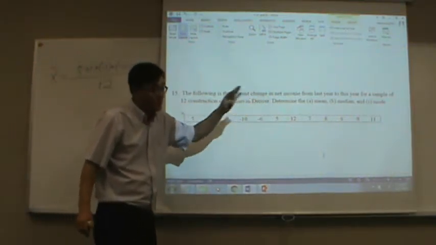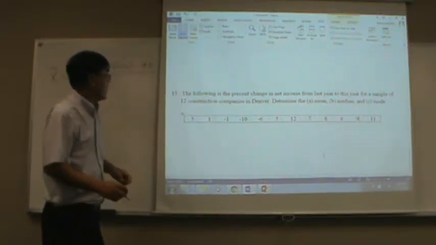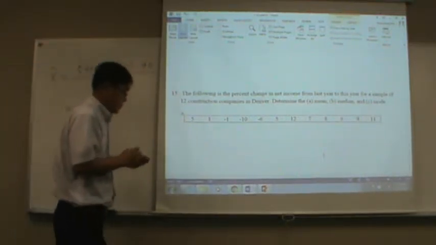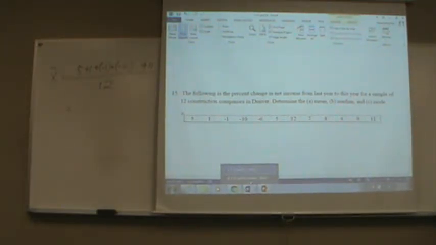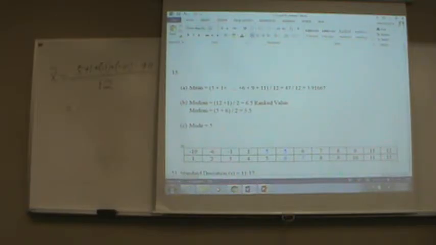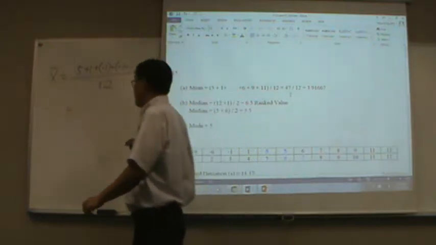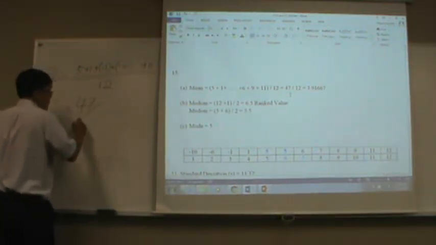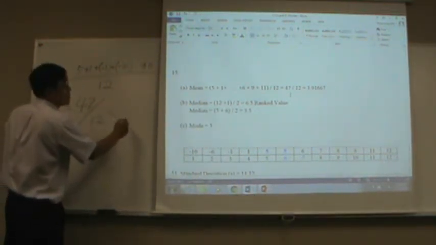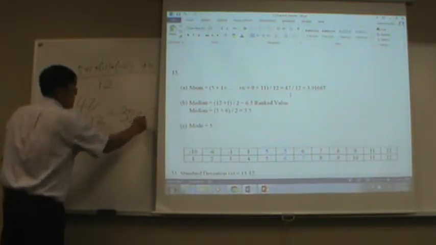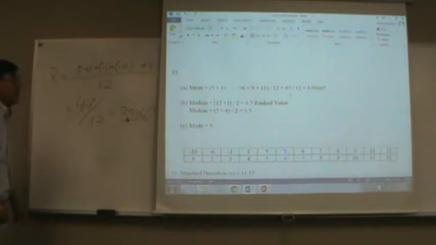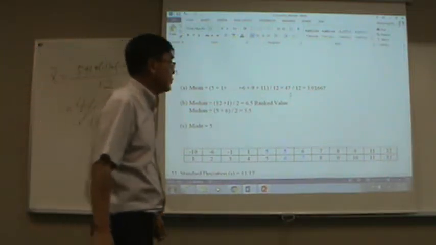I have the answer file. So that is 47 divided by 12 equals 3.91667. That is the mean, a simple one.